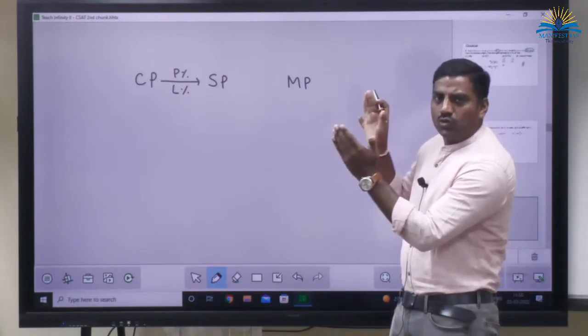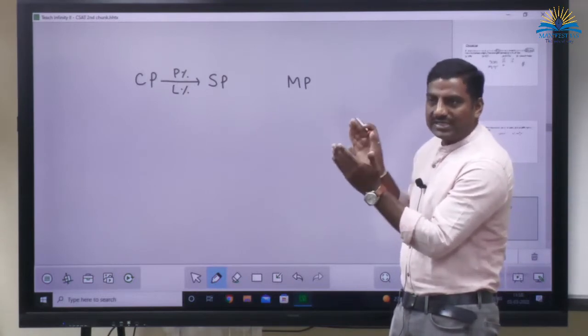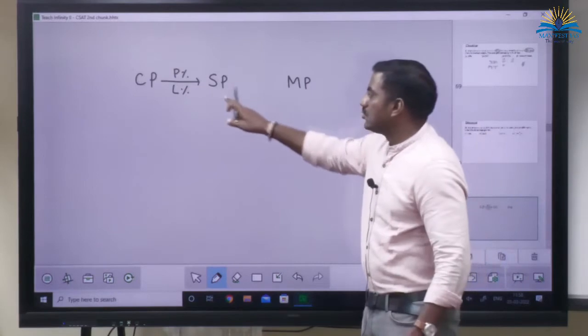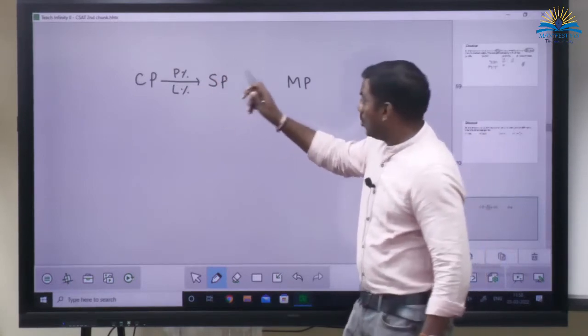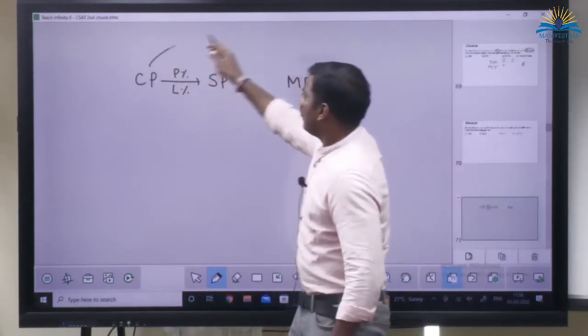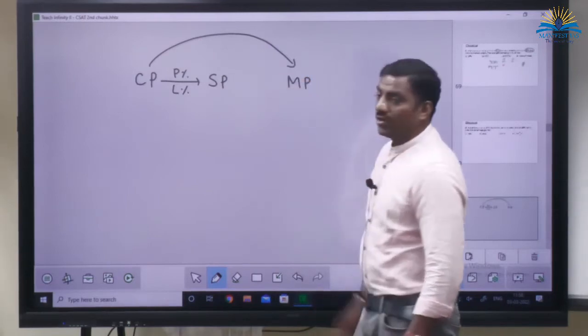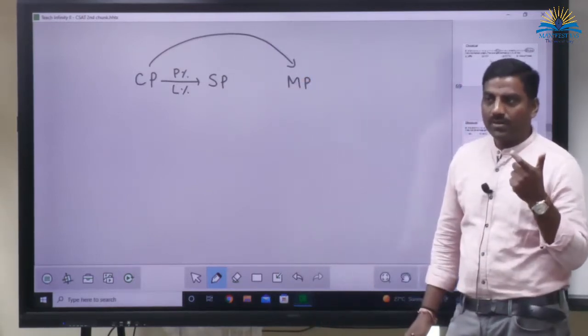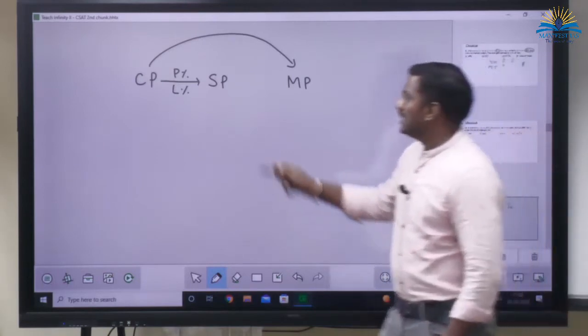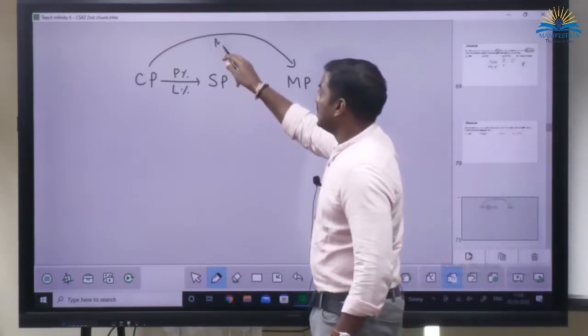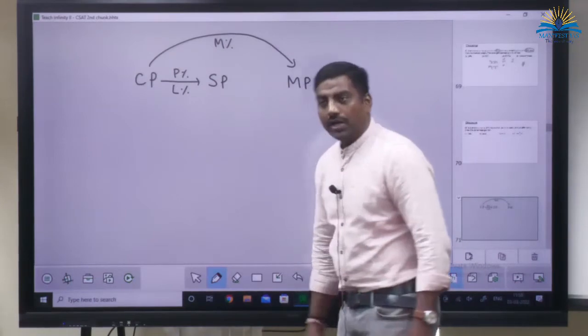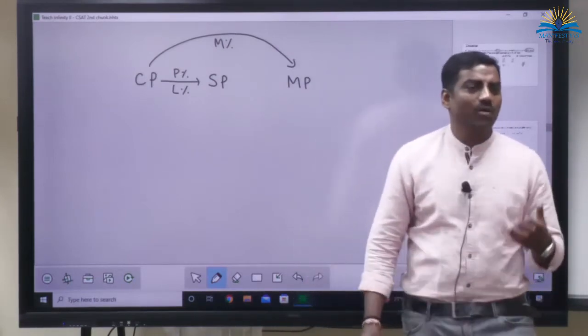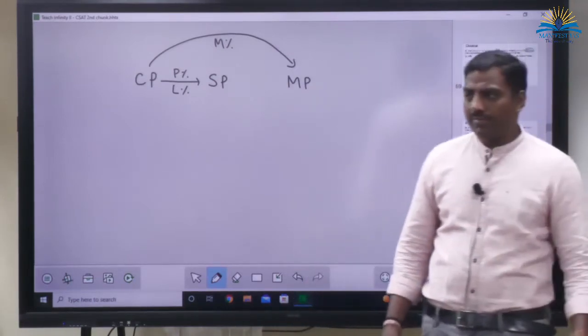But he doesn't want to do that. He wants to give certain discount and finally sell it at this price. So this market price will have certain sense of profit while he is marking. So this can be called the margin or the M percentage, or what margin he has in mind.